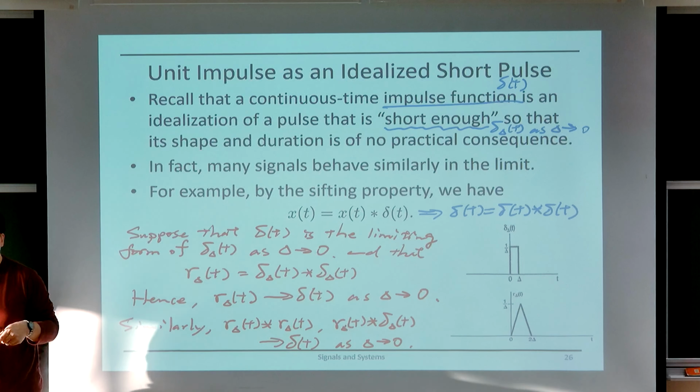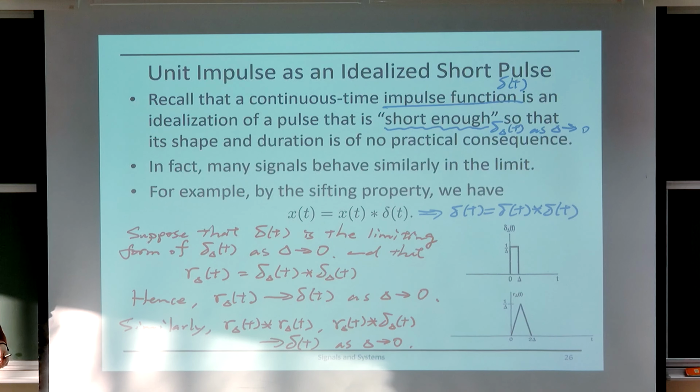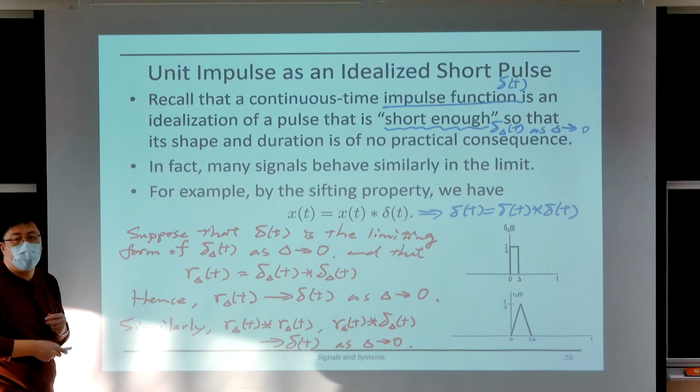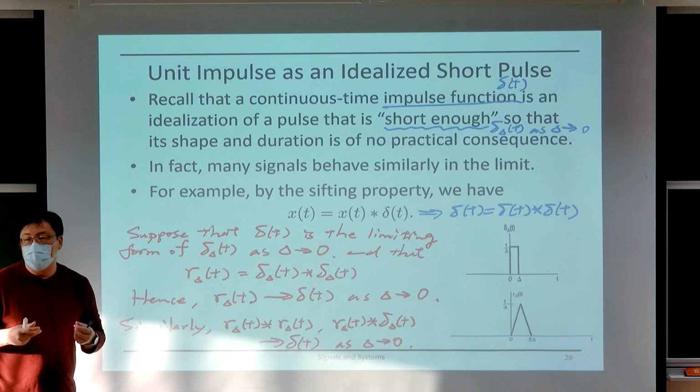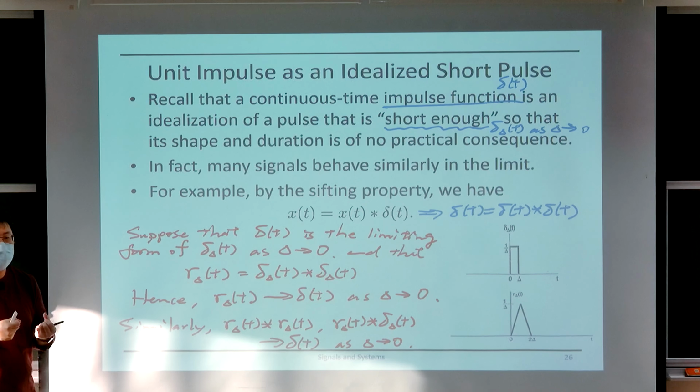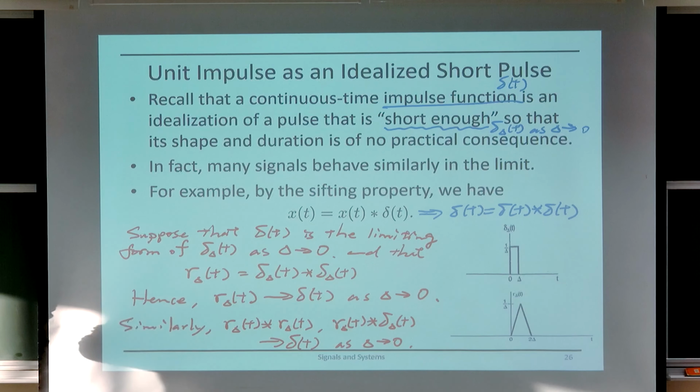This discussion is to tell you that there are an unlimited number of short pulses that, in the limit, behave like this delta of t. So if you want to define delta of t as a limit of some function, this definition is really not unique or consistent. But this is really not our primary concern.